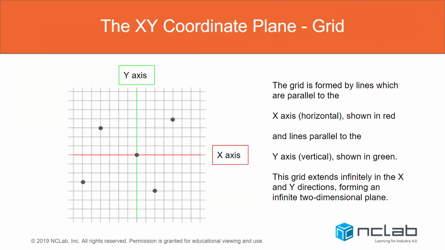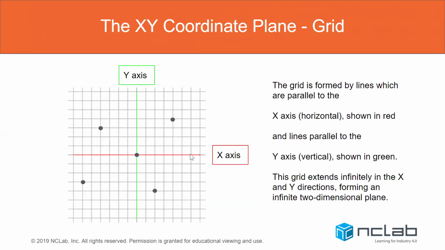So really starting from the basics, the plane is formed by an x-axis that runs horizontally and a y-axis that runs vertically. These are perpendicular. And then you form a grid by making equally spaced parallel lines. The grid interval, in our case, the default is 10, so each of these spaces is worth 10.